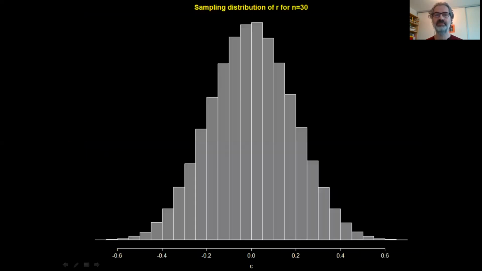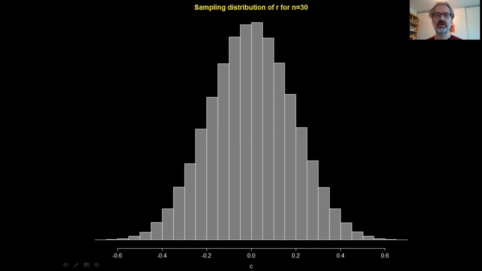This is the sampling distribution of R for a sample size of 30 when there is no correlation in the population. So this is drawing sets of pairs of random numbers which are uncorrelated, and for sets of 30, calculating R of these random numbers, and then plotting the histogram for R for 100,000 samples of that sort.